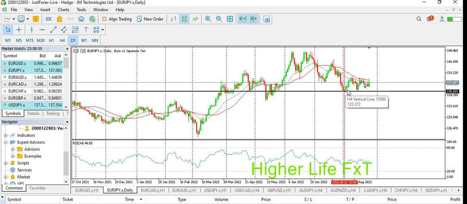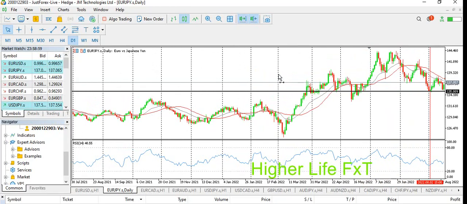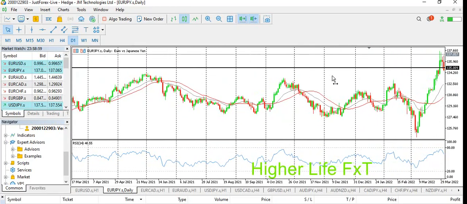Looking back in the past, we can see that indeed it has also before been rejected in this area. Price was not able to break this area, or there was a hard difficulty to break past this area.